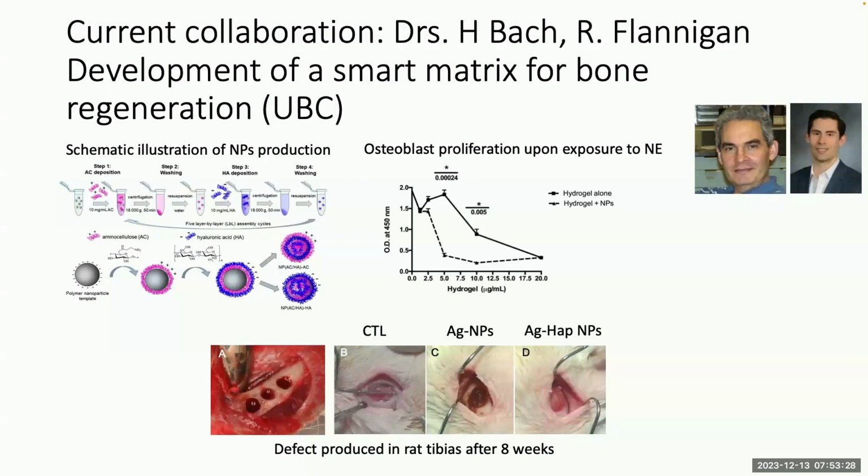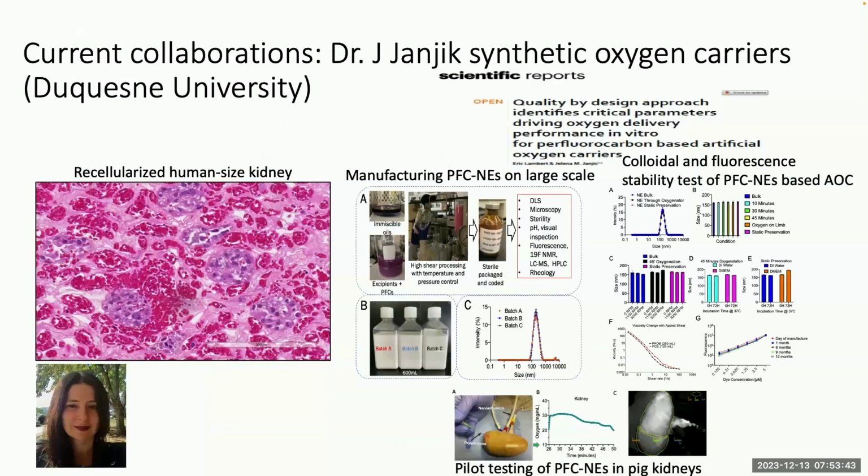We call this a smart matrix because it will lure the regeneration of bone. That's also a work in progress. We wrote a CIHR grant last year but withdrew it because we didn't have enough preliminary data, so we're planning to send it for the next competition in the spring.